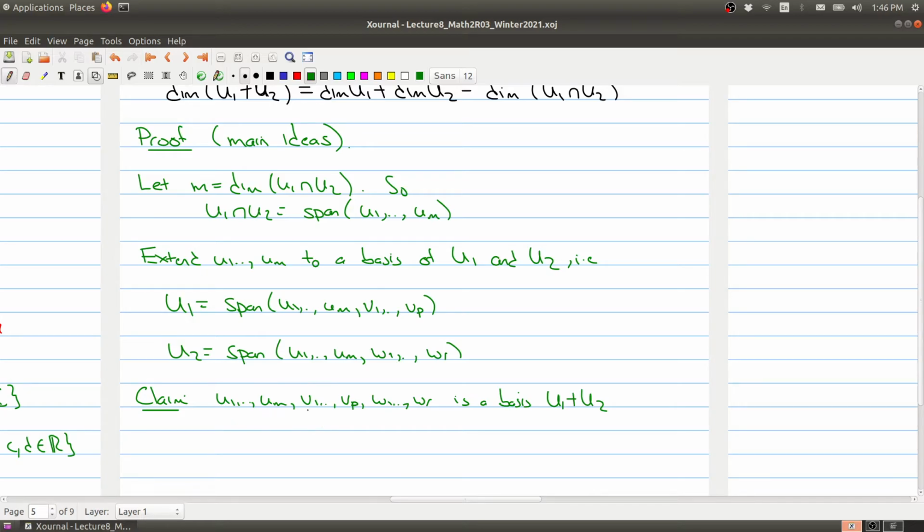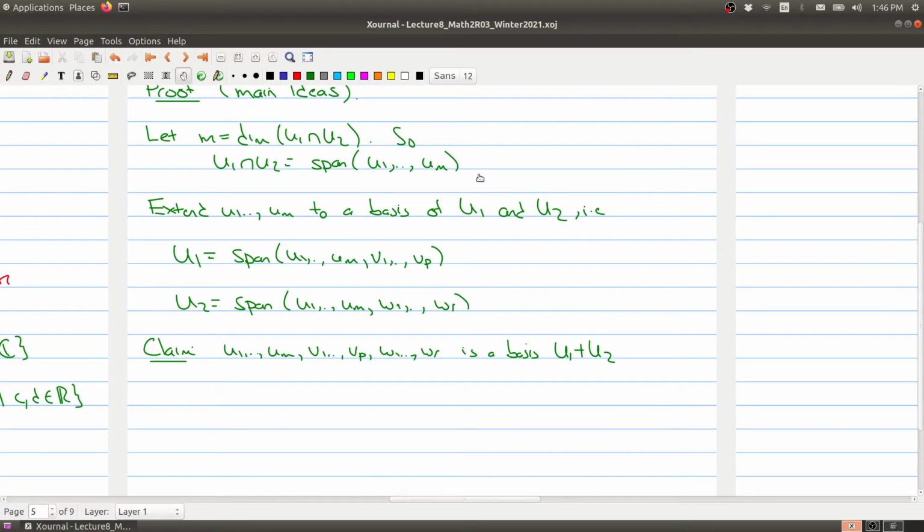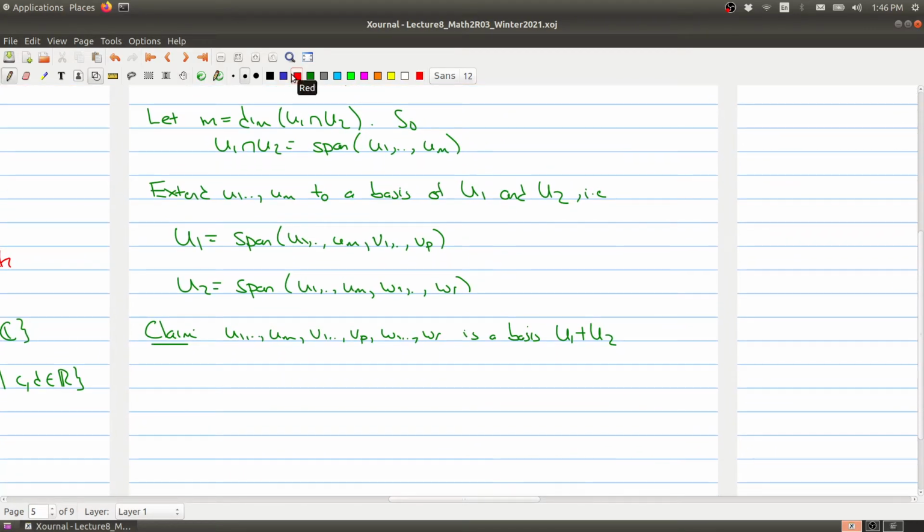You first check that they're linearly independent, and then you check that it's a spanning set. There's a bunch of technical work to do this, but if you can prove this claim, the rest of the proof follows from the claim. Let me show you why it follows.